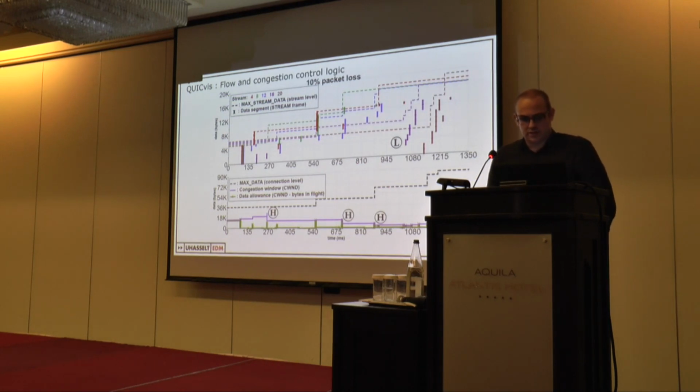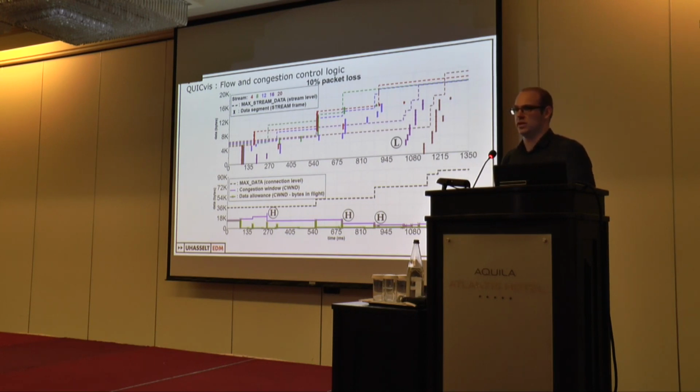That looks quite simple, but this really only starts to shine when you do have a little bit of loss. What you can see here is very clearly that the moment most loss happens, it starts to diminish, of course, the congestion window by about half. Those are all the H's on the bottom graph. And you see the effect that had on the 2 later streams at the letter L. They've been delayed significantly more than maybe was the intent, right?